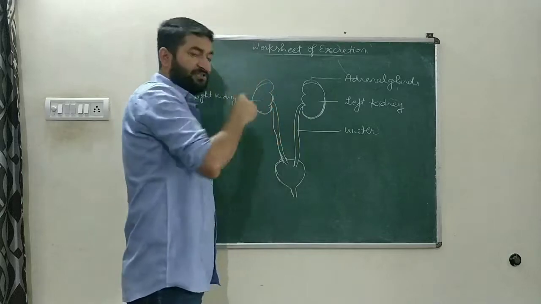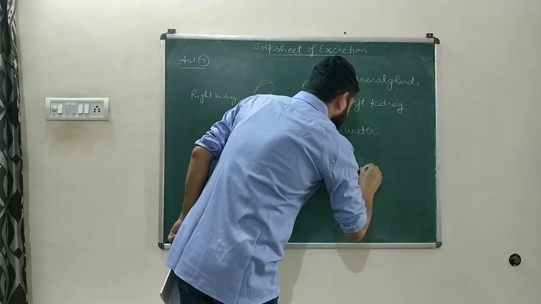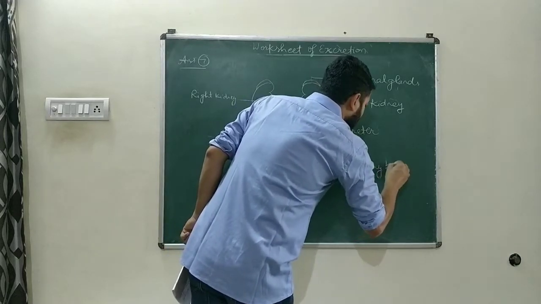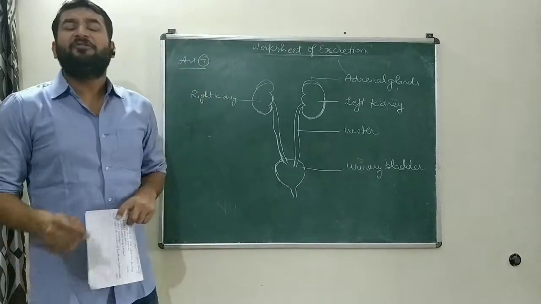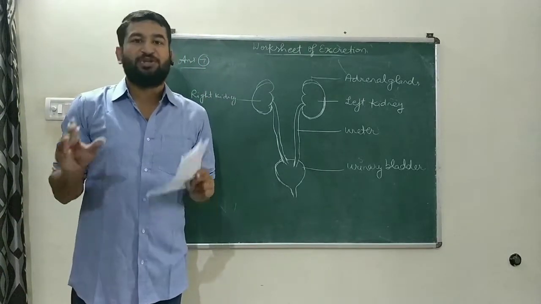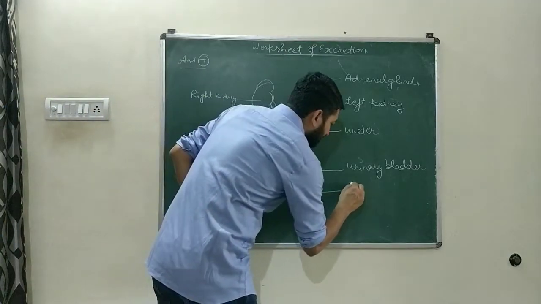There are 2 ureters, each from 1 kidney, and then the bladder which is known as urinary bladder. Urinary bladder temporarily stores the urine until we go for the urination, and then there is a urethra.